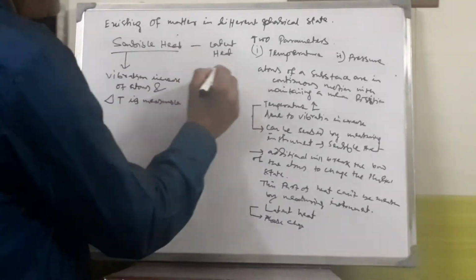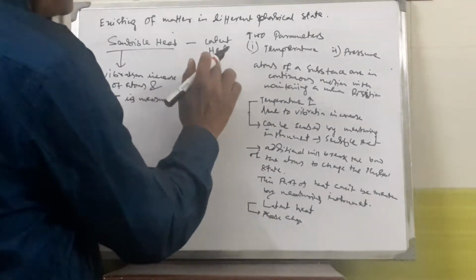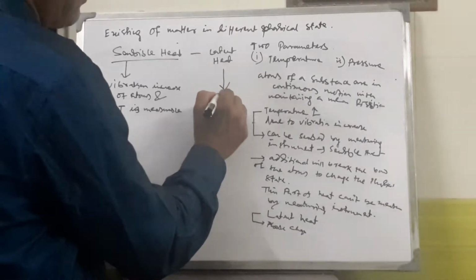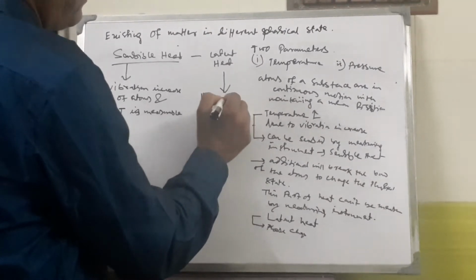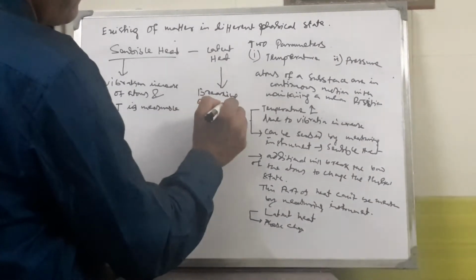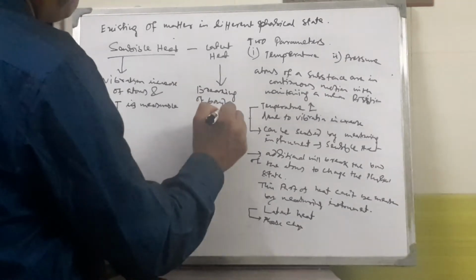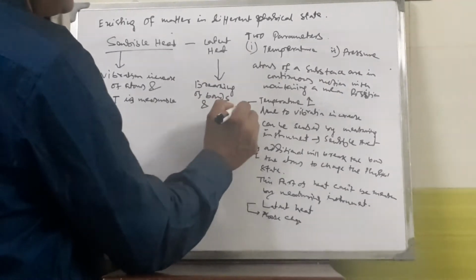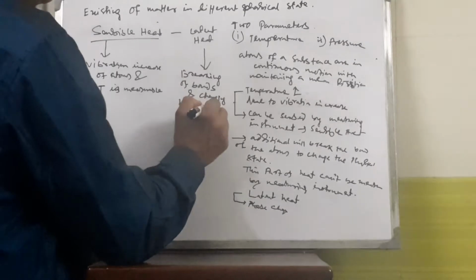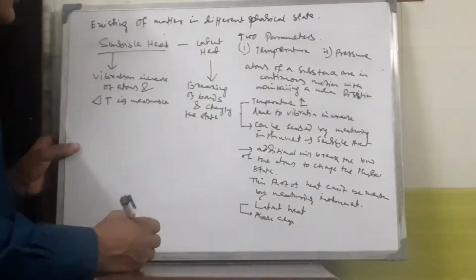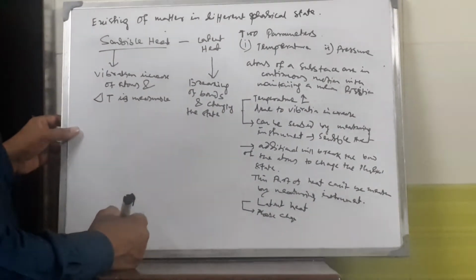This latent heat part is related to breaking of bonds and changing the state. These are the two parts, sensible heat and latent heat.